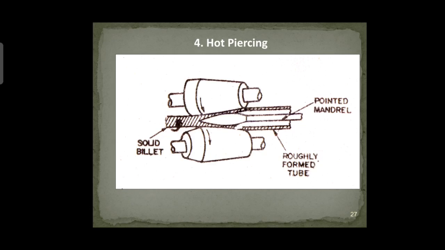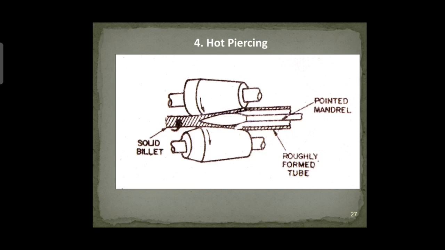At the end of the solid billet, we are creating a small hole, and this solid billet is placed in between two piercing rolls. They are double cone shaped, like the shape of a cone, rotating in an oblique manner.